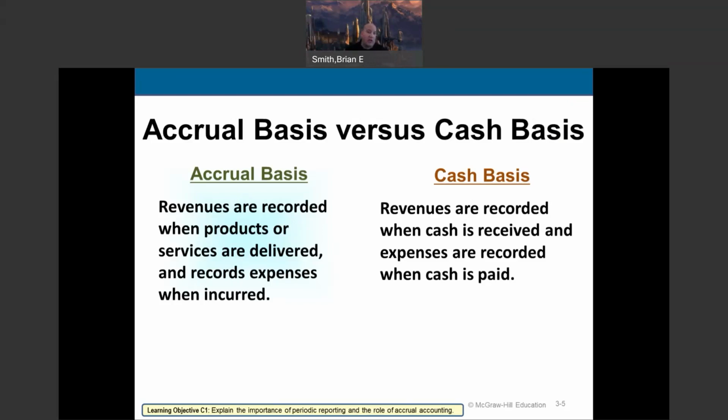But in accounting, if you were on the accrual basis of accounting, you would have to account for every day that you did work at the end of that year and include that revenue in the current year because you worked it during that year and you earned it during that year. That's kind of the main difference with the revenue side of things. Expenses are the same thing.